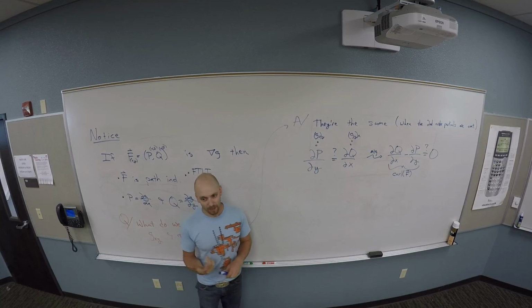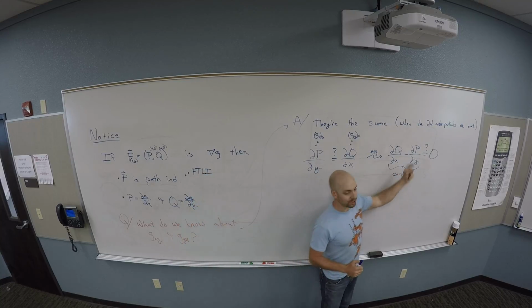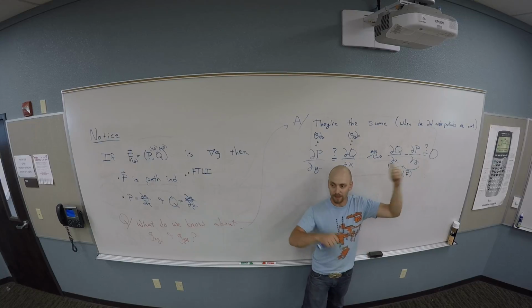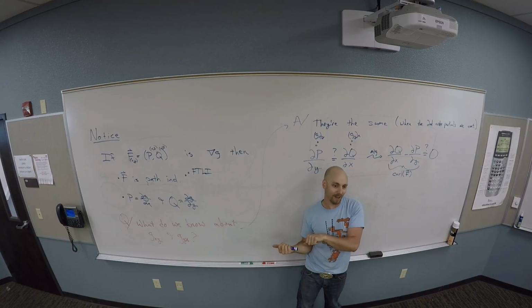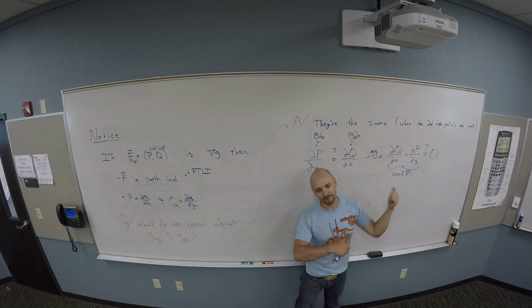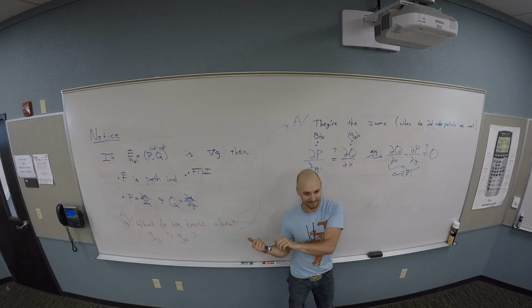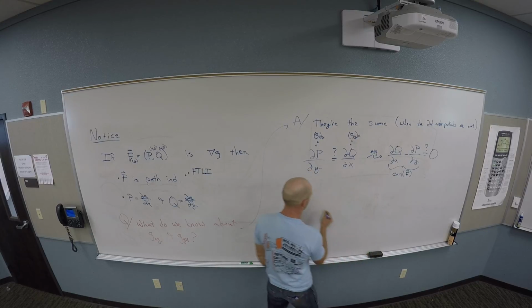The thing I want is that if the curl is 0, then the fundamental theorem of line integrals applies. What I actually have here is not quite that. What I have is that if the curl isn't 0, then the fundamental theorem doesn't apply. You guys see that? That's really what I found.